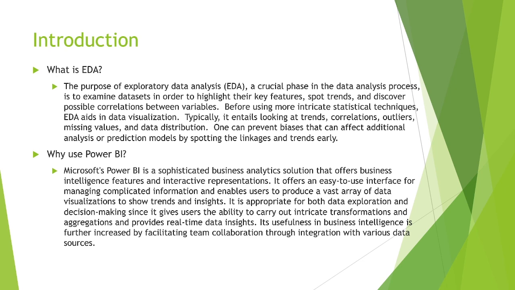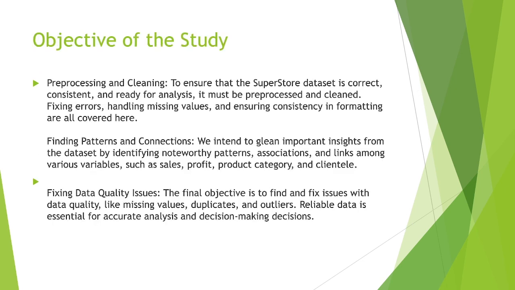This is the objective of the study. Pre-processing and cleaning to ensure that the superstore dataset is correct, consistent, and ready for analysis. It must be pre-processed and cleaned, fixing errors, handling missing values, and ensuring consistency in formatting.